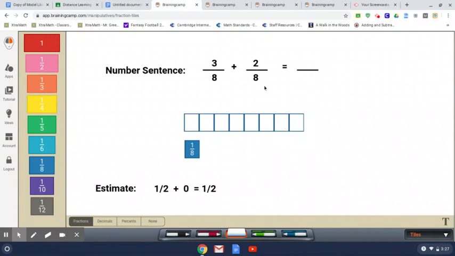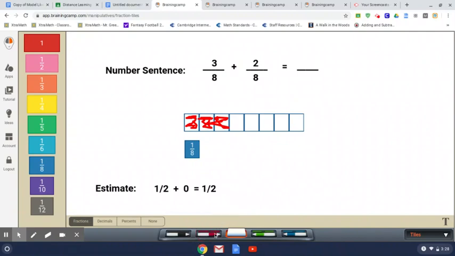So 3/8 plus 2/8, or 3 equal parts out of 8, added to 2 equal parts out of 8. So I'm going to do that here. I'm going to shade in 3 parts for my 3 out of 8.